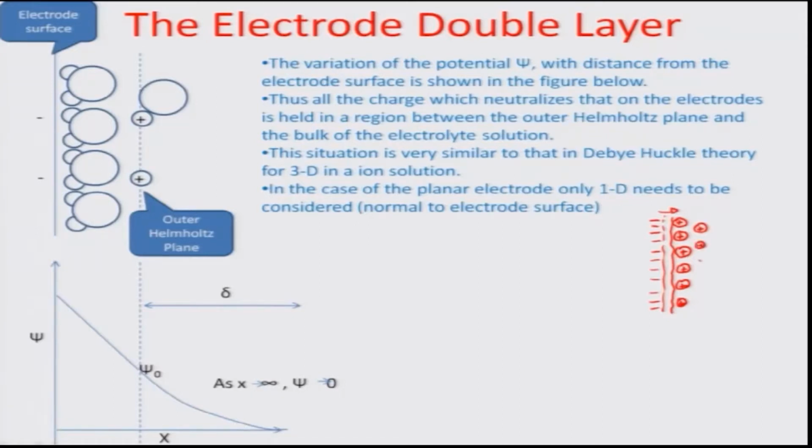There are several such layers which get formulated into the solution unless the charge balance is complete, okay. So obviously this is the Helmholtz layer, and this whole layer of charge until the balance is complete is called the diffuse layer.